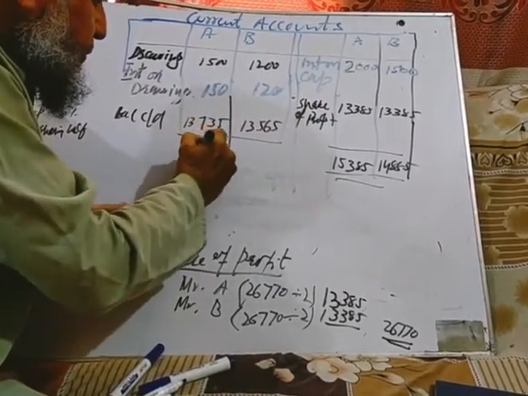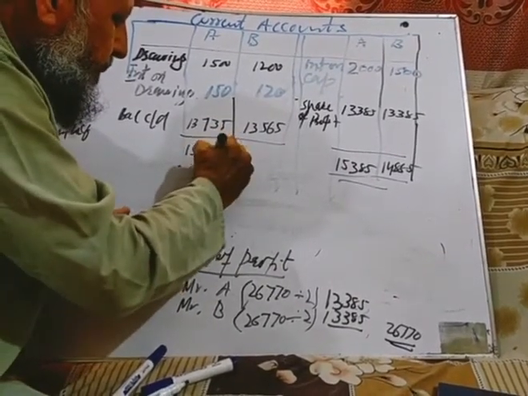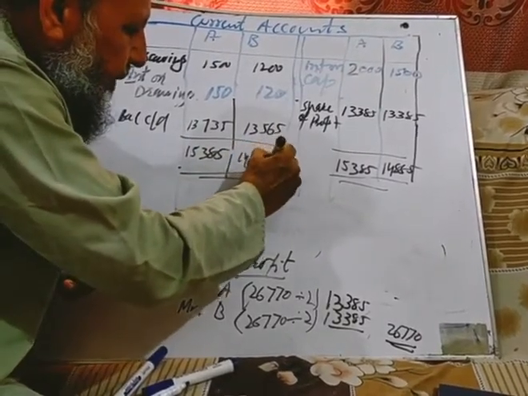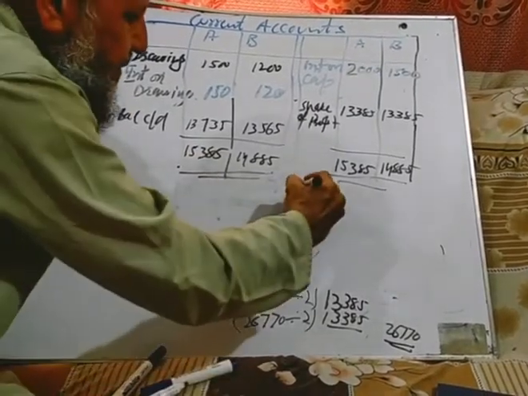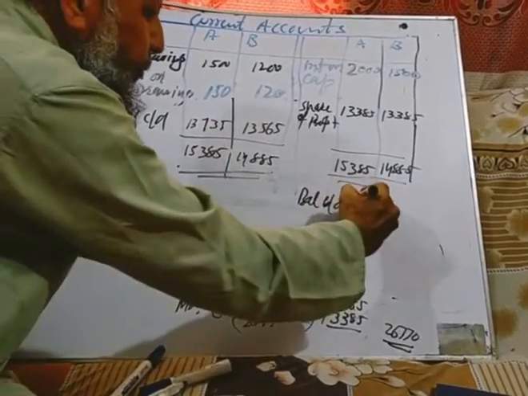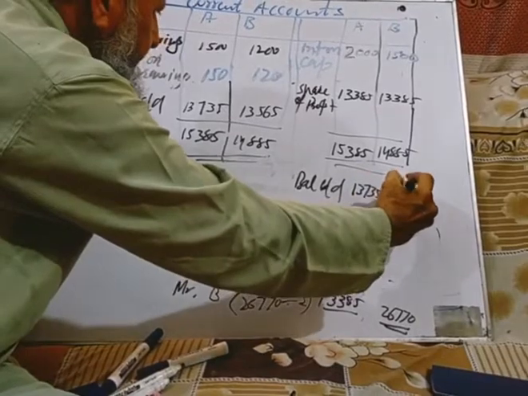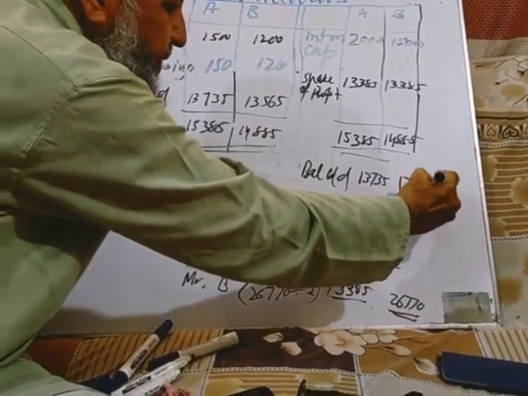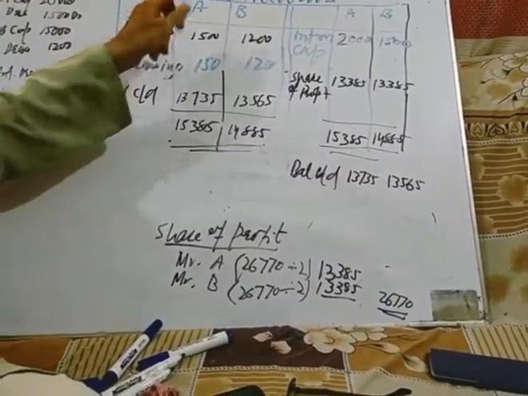So it comes to 15,385 and it comes to 14,885. This is our balance c/d, and here comes our balance b/d, 13,735 and 13,565. That's how you prepare your current accounts.